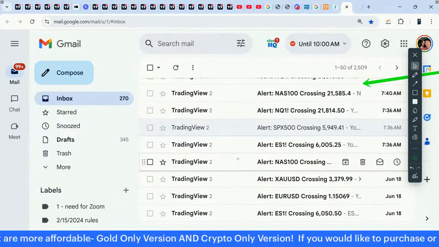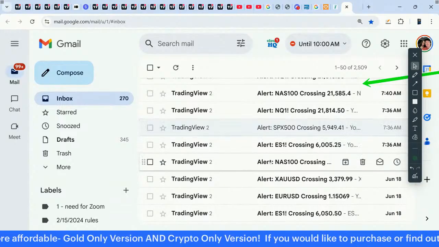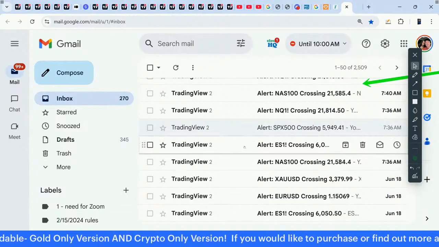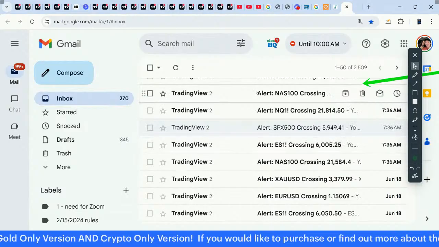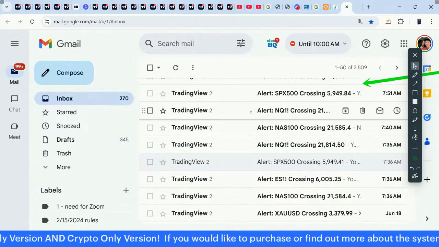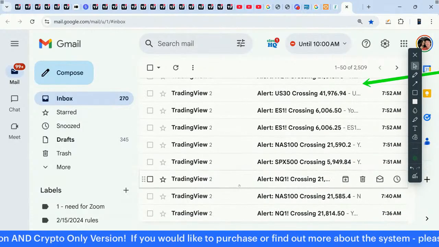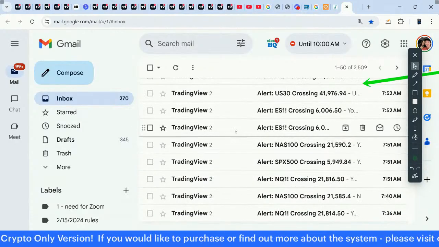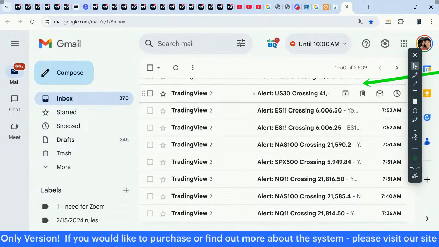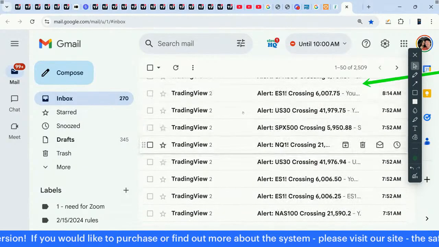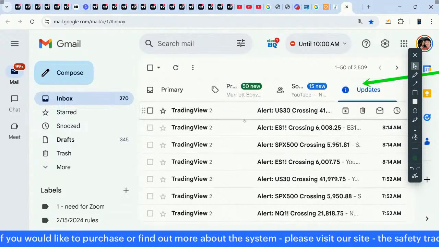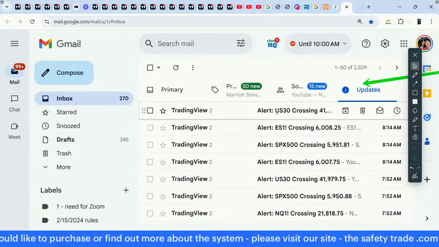Here we go. So we've had the NAS be a correct trade. 1, 2, 3, 4, 5, 740. 6, 7, 8, 9, 10, 11, 12, 13, 14, 15, 16, 17, 18, 19.